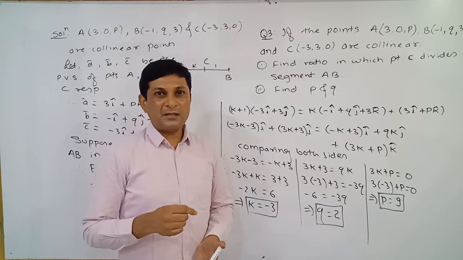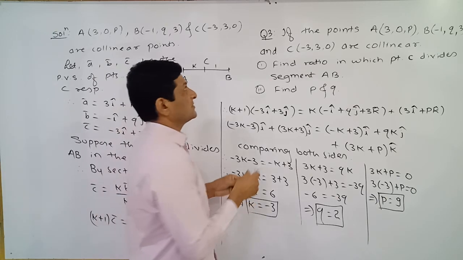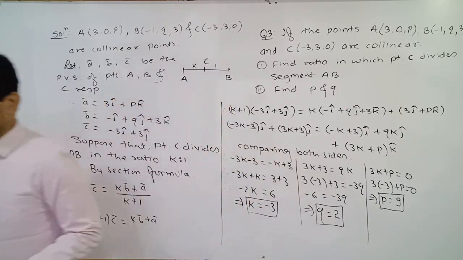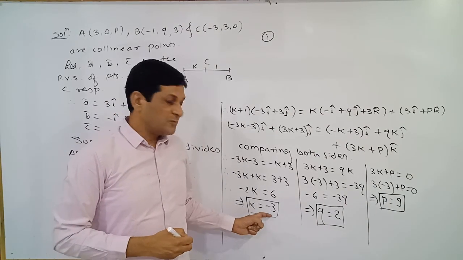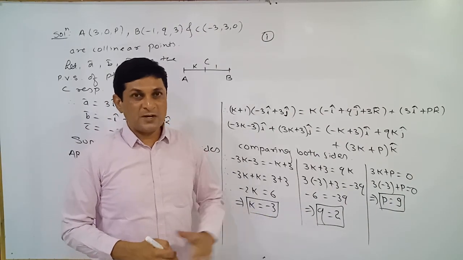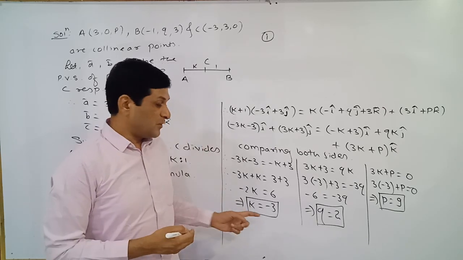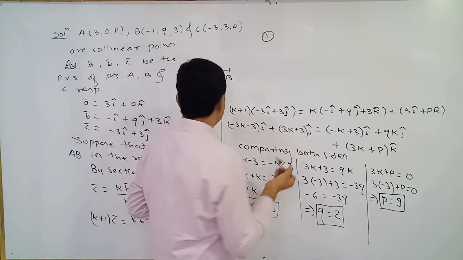So that's why what we can conclude here. Lastly, let us write down the ratio. So well, now here we have got the value of k. K is negative, means definitely the division is not internal. So that's why, what is our first question, to find out the ratio. So what is our conclusion here?